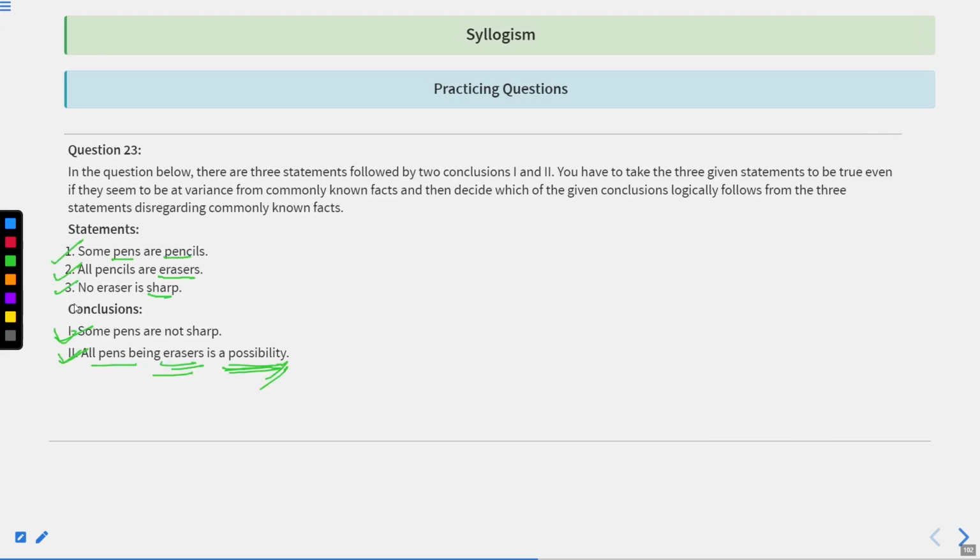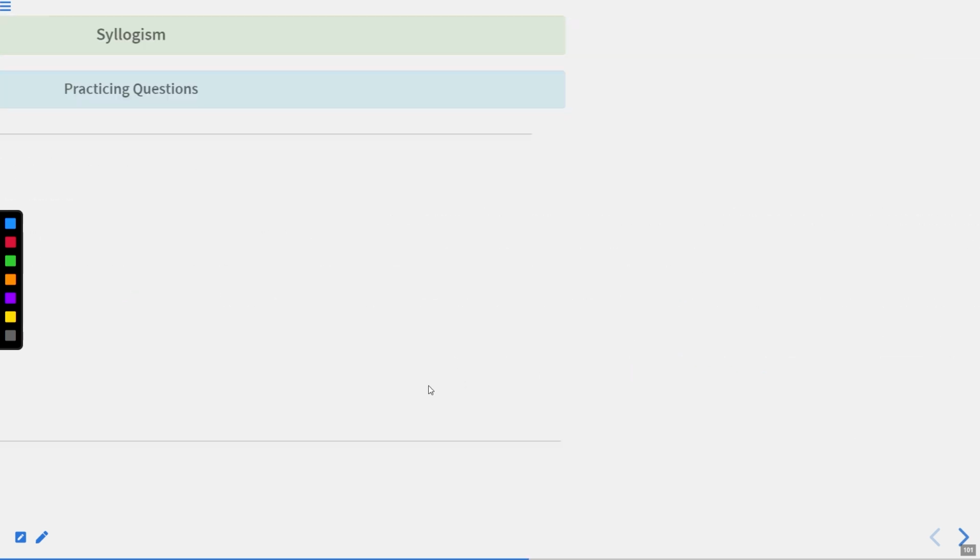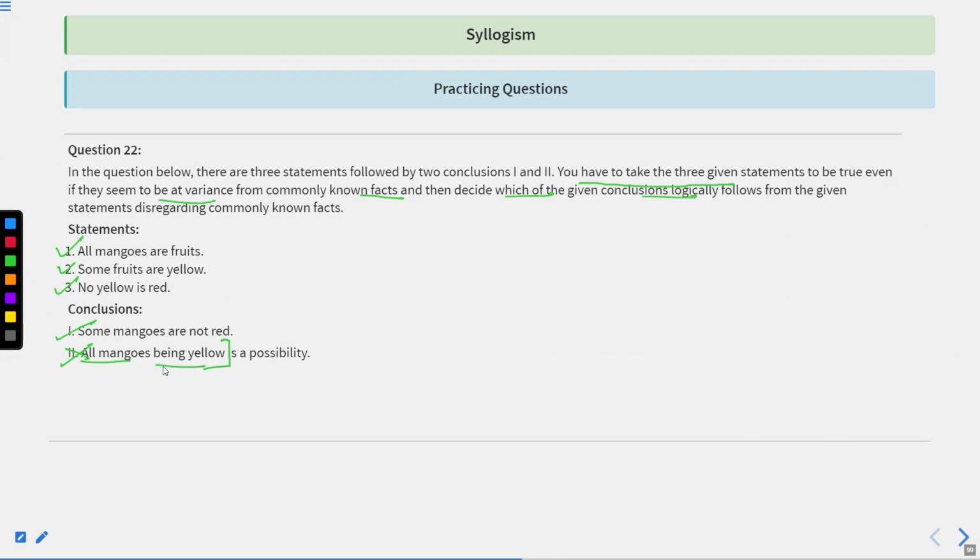So my dear students, don't get confused. I will again tell you, don't get confused between the statements. The earlier statement was almost the same thing, this statement is the same thing. No, there was not a direct relation between mangoes and yellow. So the statement which suggested all mango being yellow is a possibility.